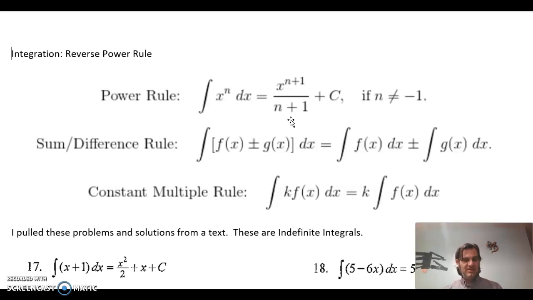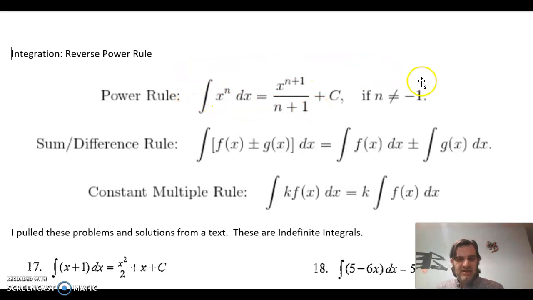And since we're reversing this process and we may not know exactly where the function came from, we'll throw some constant out here, just plus c, meaning there could be any number there. In some cases we may narrow that down to an exact number later, and in some cases it'll just stay there. But if you have an indefinite integral with no endpoints, you'll always have a plus c, unless you're given some condition.